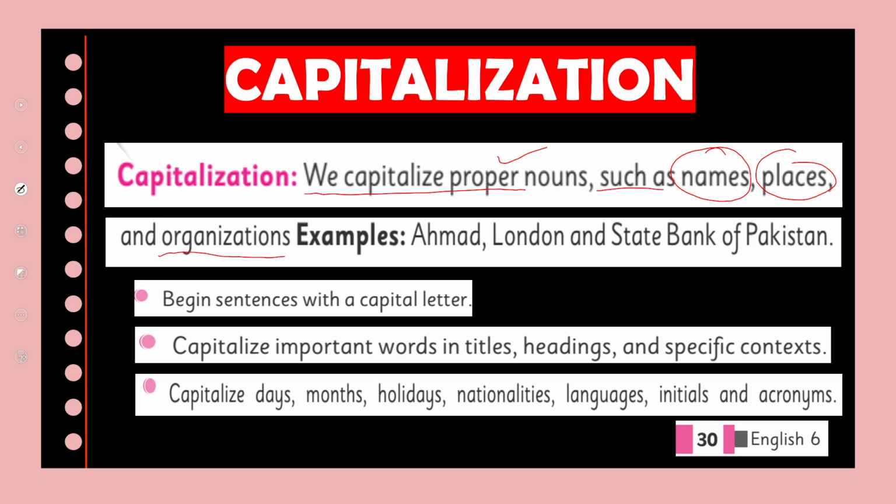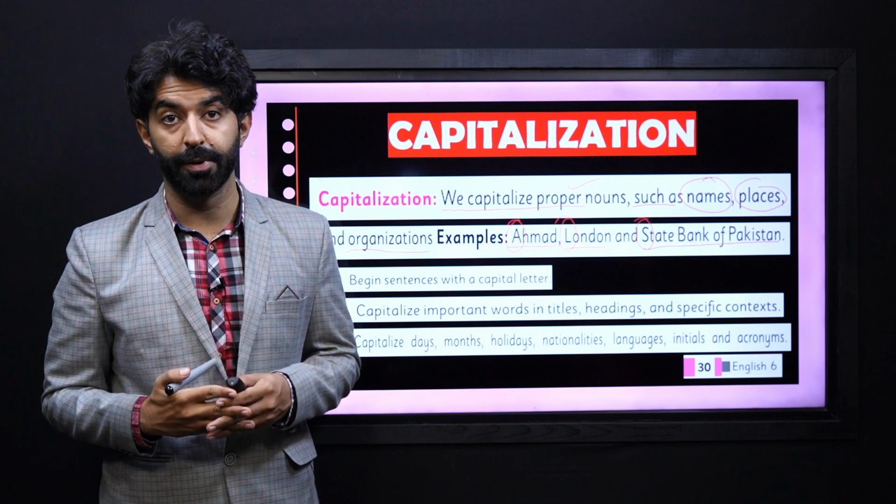For example, names like all the proper nouns, Ahmed, or name of places like London, etc., and any organization like State Bank of Pakistan. So all these different kinds of words will be capitalized. The first letter will always be capital. Why? Because all of these are our proper nouns.